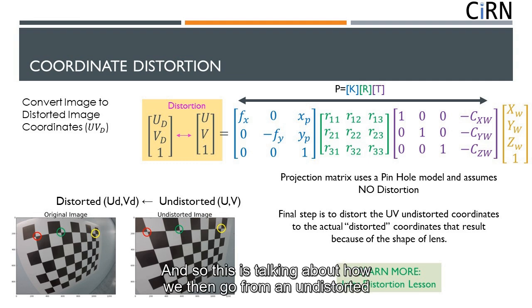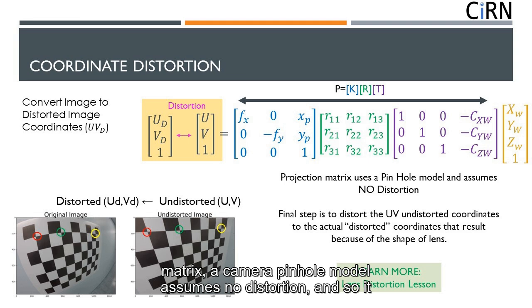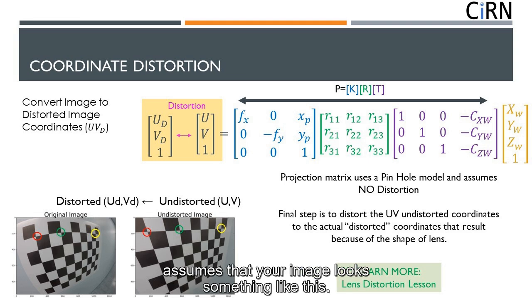Right, and so this is talking about how we then go from an undistorted image, which is when you do the first part of this projection matrix, a camera pinhole model assumes no distortion, and so it assumes that your image looks something like this. It assumes that all those light rays did not bend at all, right? They came through in nice straight lines.